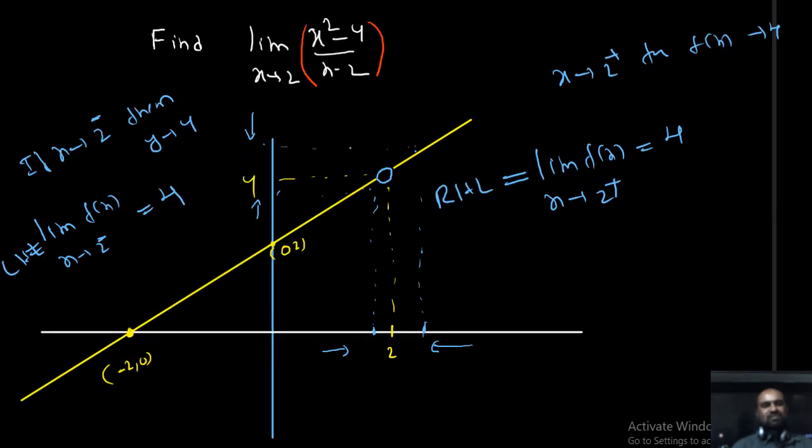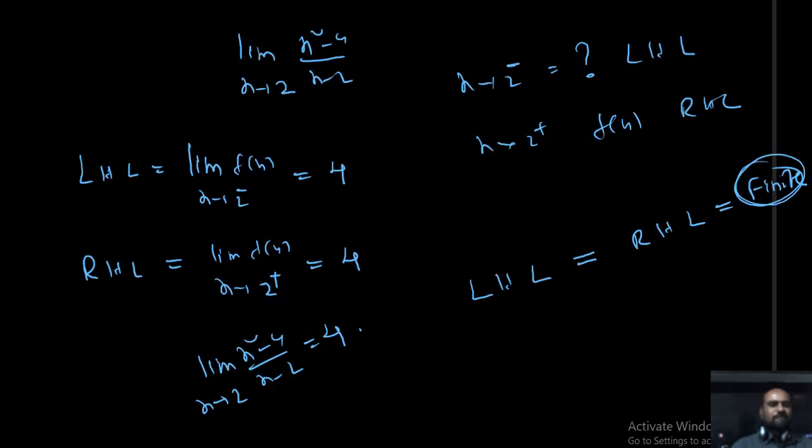Observe, students, through the graph also we will get the same conclusion. Now, important note, students. Somebody will ask, what is the limiting value of f of x where x is tending to a?